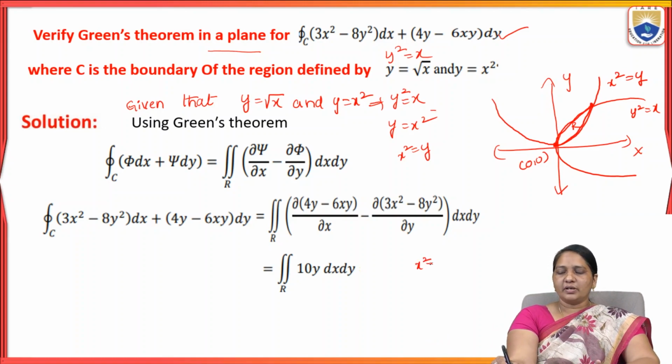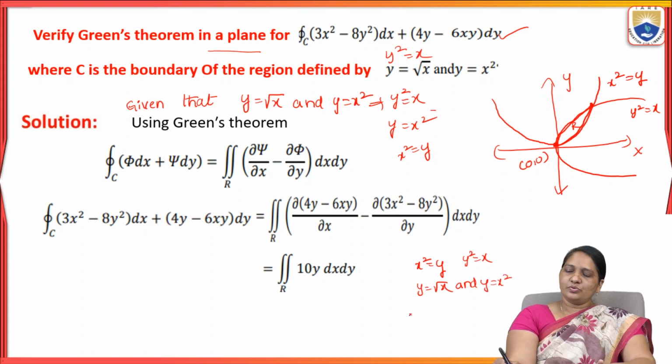Here x square equal to y and y square equal to x. Based on that I can write y equal to root x and y equal to x square. So root x equal to x square, so x square minus root x equal to 0.